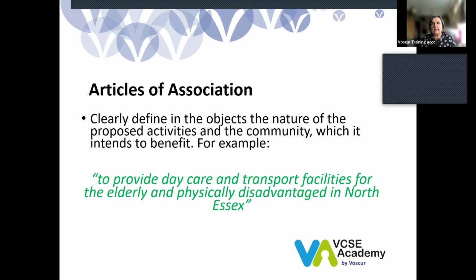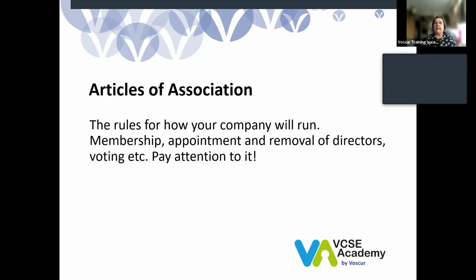You don't need to go into it in any great detail. A 1-sentence statement of purpose is great. So we have an example here: to provide daycare and transport facilities. That's the what. For the elderly and physically disadvantaged, that's the who. In North Essex, that's the where. So this is just the summary that goes on the articles and says this is what we're about.